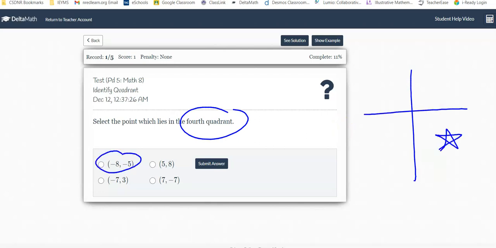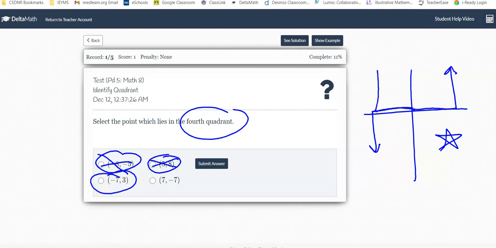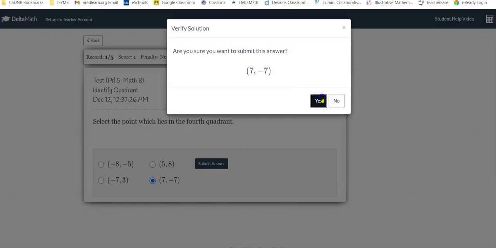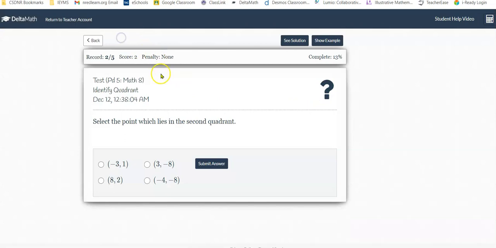So if I test this out, -8, -5, no. Test this out. +5, +8, no. Test this out. -7, +3, no. +7, -7, yes. And that's how you determine the quadrants.